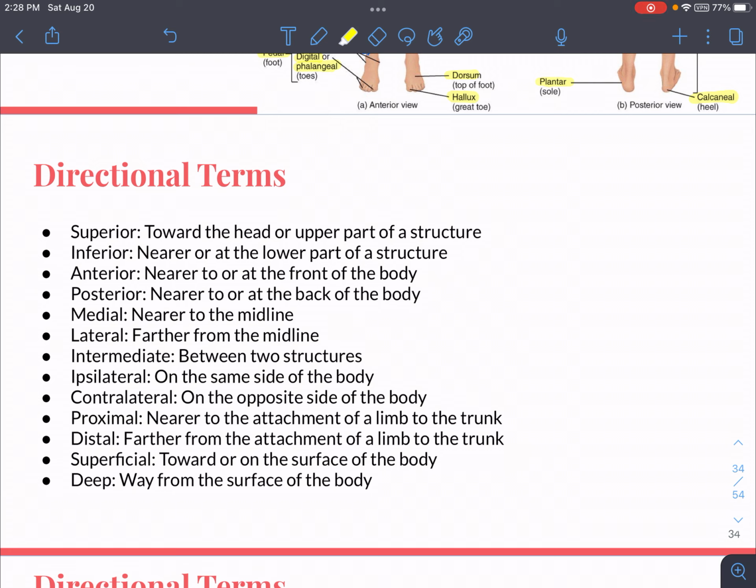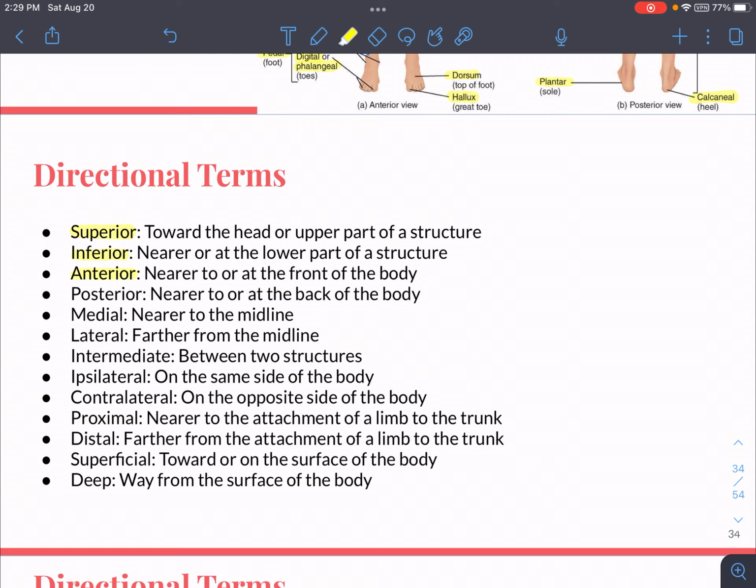Like my mouth is superior to my chin. So my mouth is above my chin. Inferior, that's another one. It's towards the lower part of the body. Like my foot is inferior to my knee. My knee is higher up, so the foot is inferior or below it.